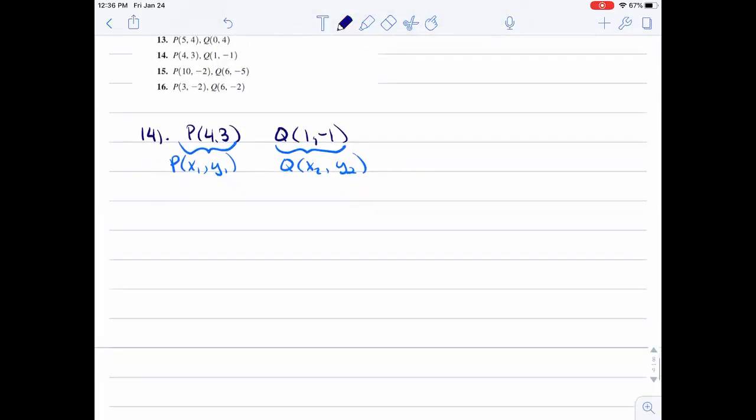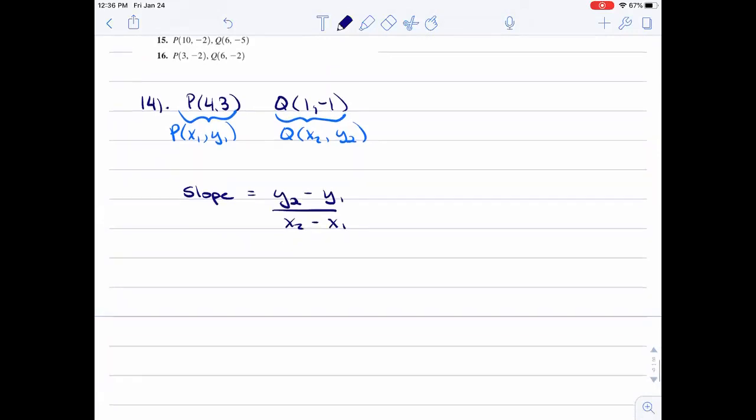So if we do that, then the slope is y2 minus y1 over x2 minus x1. Which for us is going to be, okay, here's where I need to keep my wits about me, -1 minus 3 over 1 minus 4.